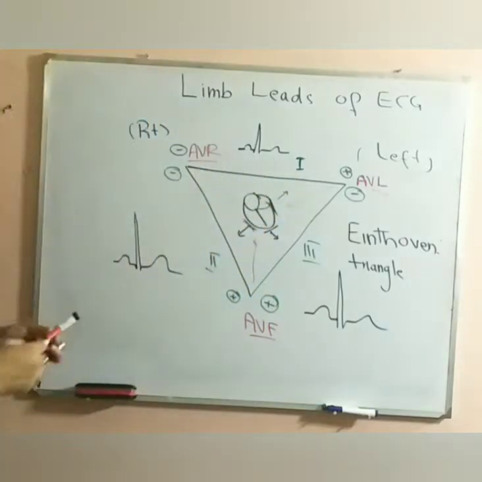While 1, 2 and 3 are the three initially devised bipolar limb leads. So these are the 6 limb leads. 3 of them are bipolar, 3 of them are unipolar, and they are looking at the heart from all sides in a frontal plane, and they pick up the electrical activity.